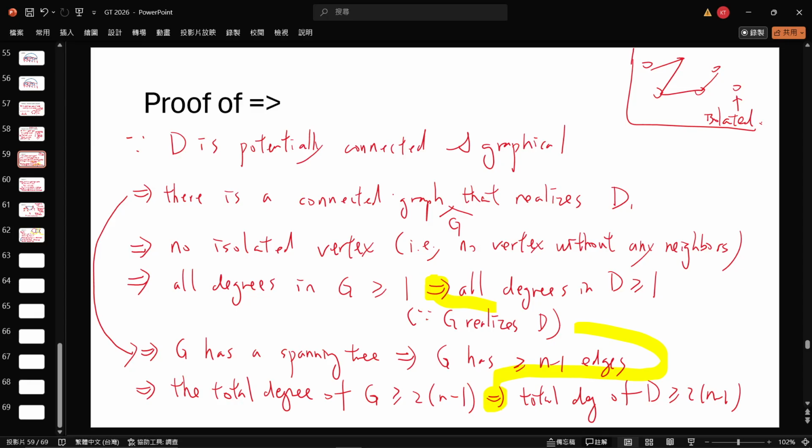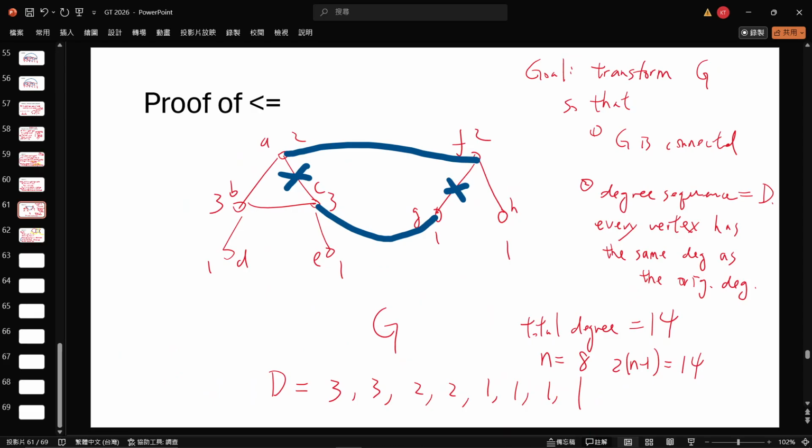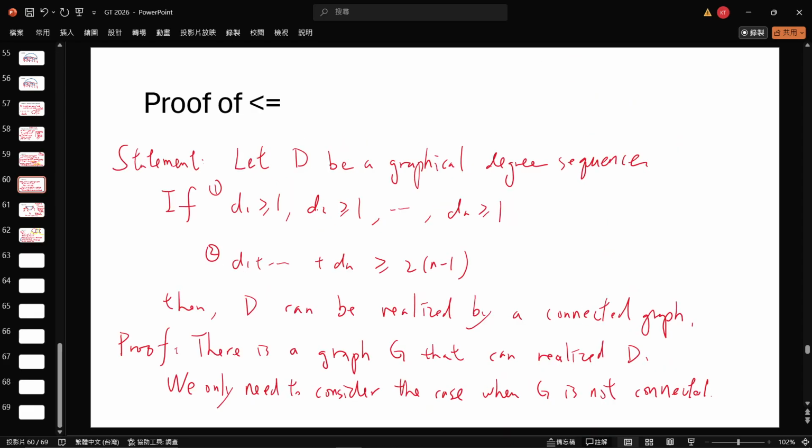But we have this, which says the total degree is large enough. So intuitively, if there are lots of edges in the graph, then we should be able to find a cycle. That's the high-level idea.